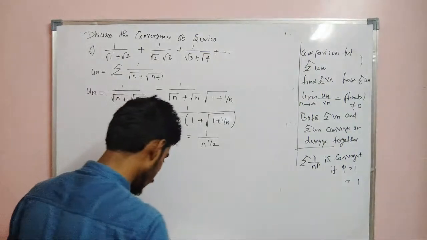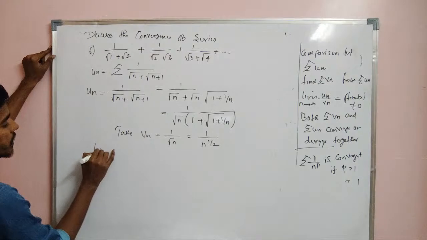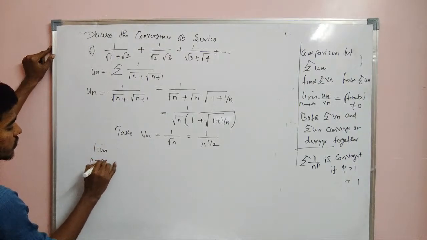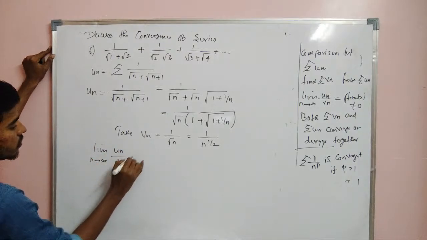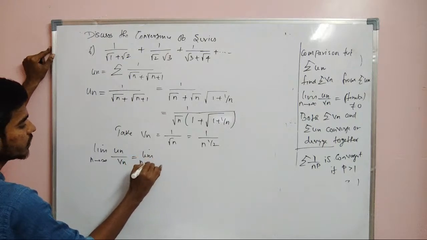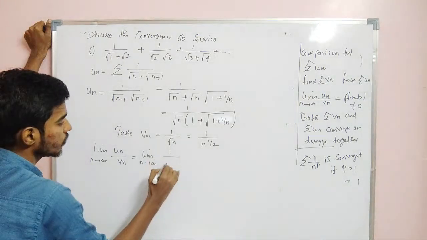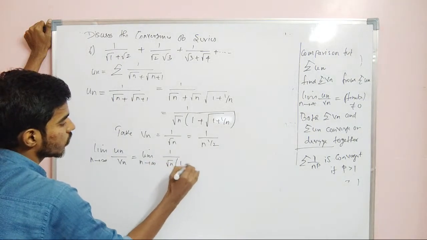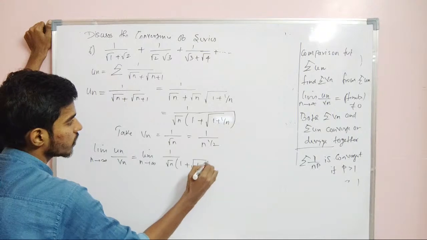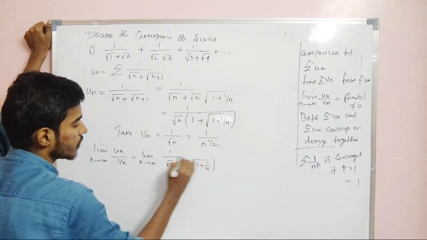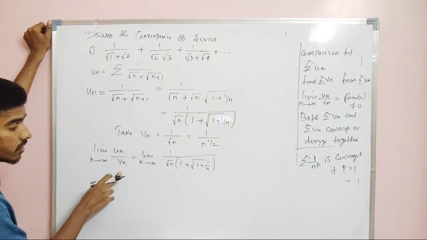Now what about the limit as n tends to infinity of un by bn? You can straight away take this term as un: 1 by root n times 1 plus square root of 1 plus 1 by n, divided by bn.